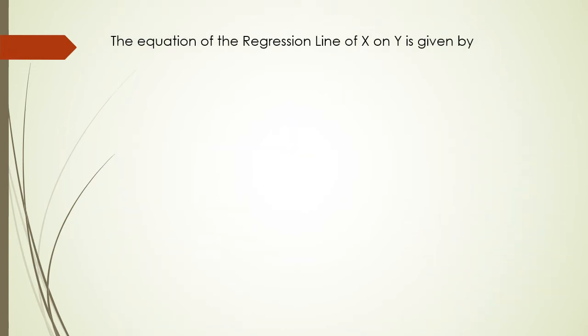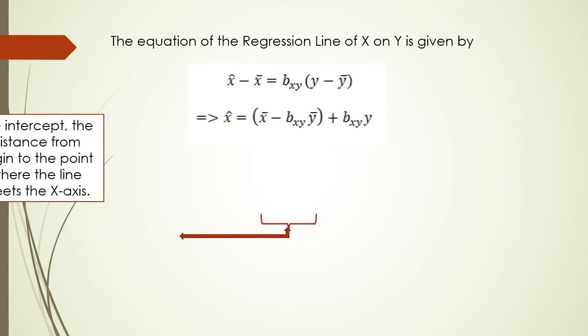The equation of the regression line of x on y is given by x hat minus x bar equal to bxy into y minus y bar, or x hat equal to x bar minus bxy into y bar plus bxy into y.